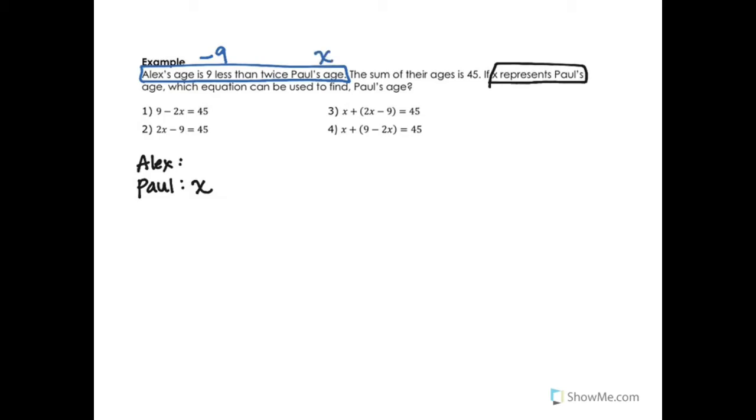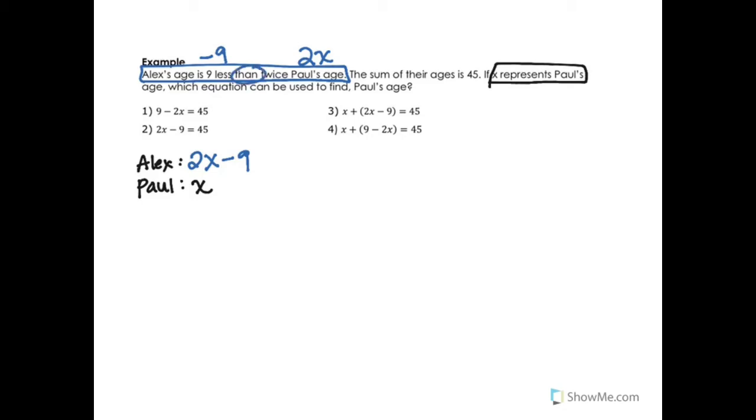And I know Alex's age is 9 less, which means minus 9 from twice of Paul's age, which is 2 times Paul's age. So if I were to write an expression for Alex's age, I know I have to take Paul's age and double it, or multiply it by 2, and then take away 9 from it, right? Alex's age is 9 less than twice of Paul's age.